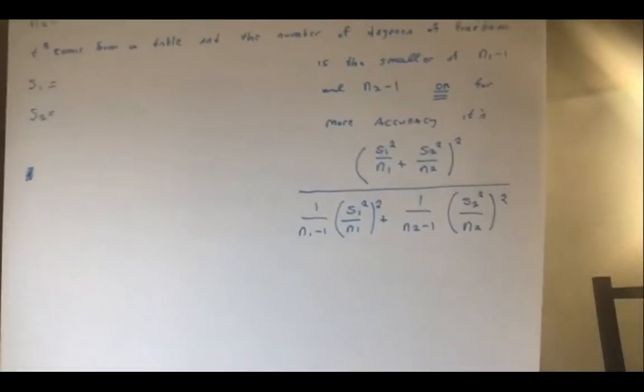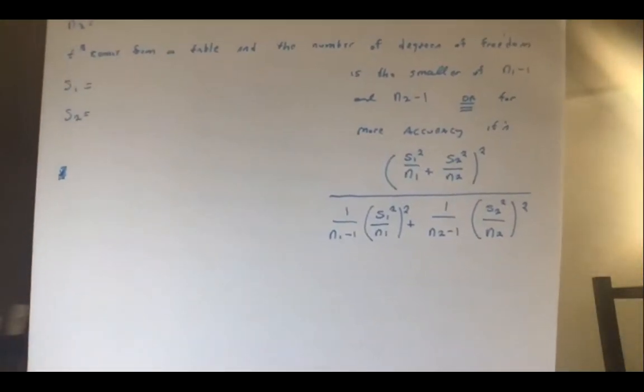Because when you do things on a calculator, the calculator doesn't care how complicated formulas are, because the calculator just computes. So it doesn't understand that no one in their right mind would want to use this. But technically, this is the formula for the number of degrees of freedom.